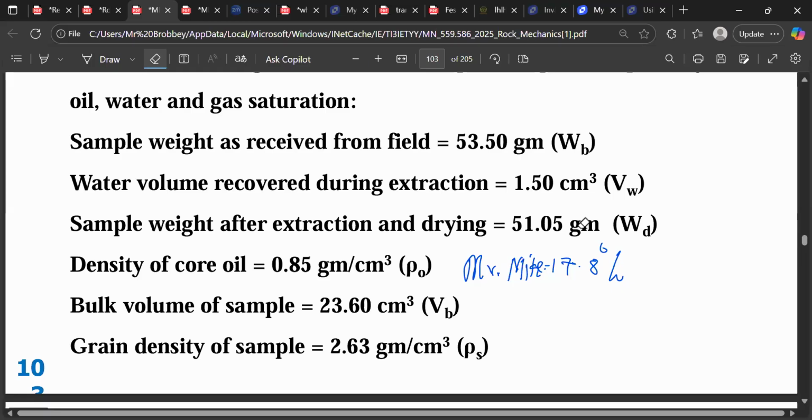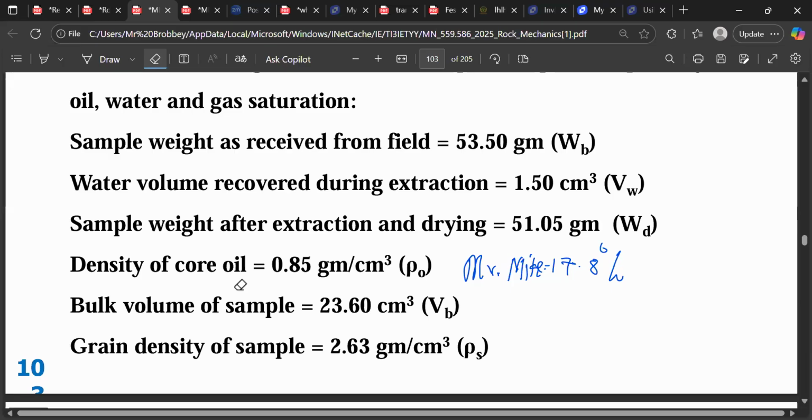The next parameter is the sample weight after extraction and drying. After putting it in a dry oven for 24 hours at about 105 degrees, we had this mass, which is WD, or weight dry. We also have the density of the core oil. Our sample does not only contain water, it also contains oil.